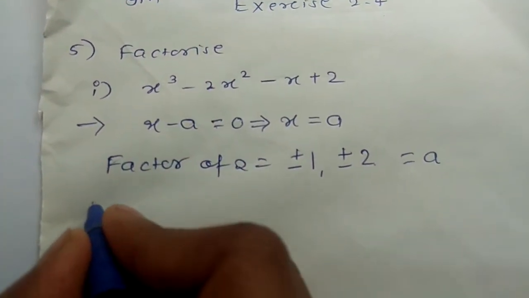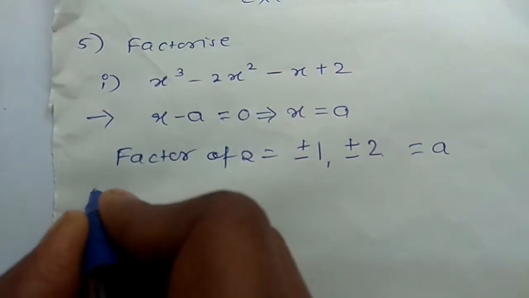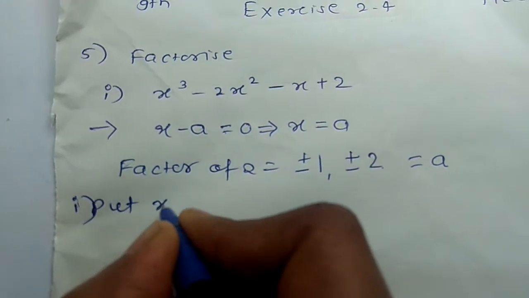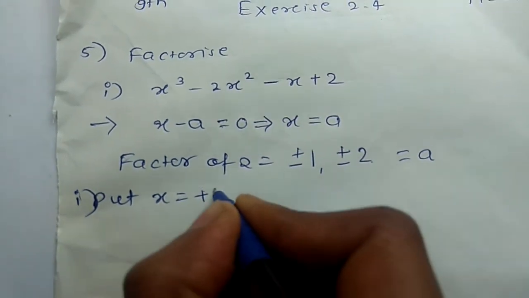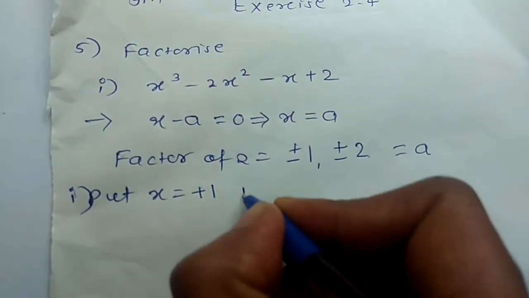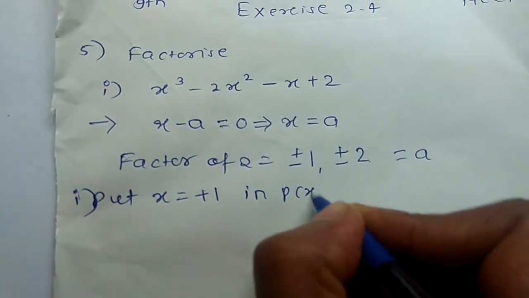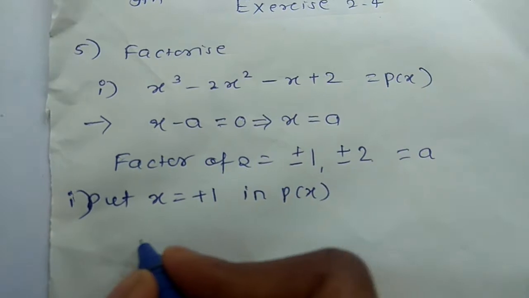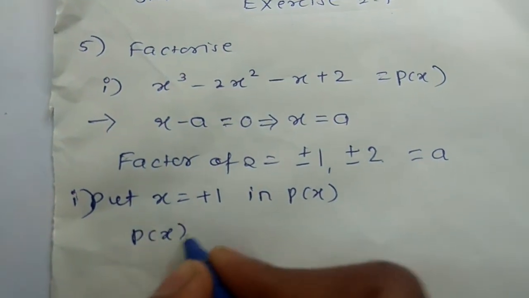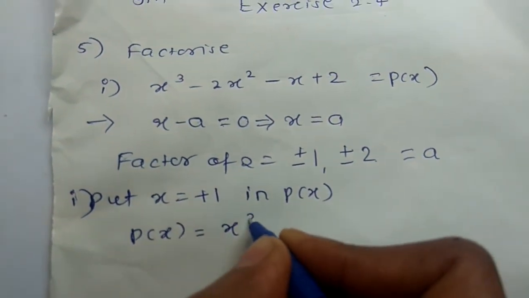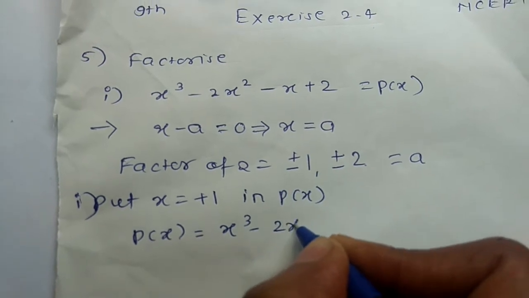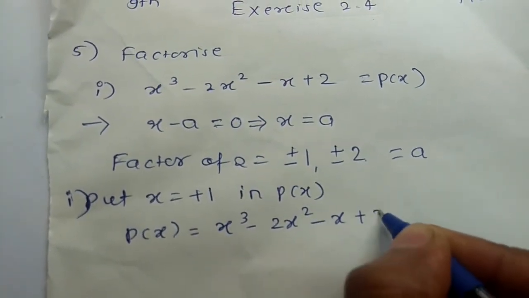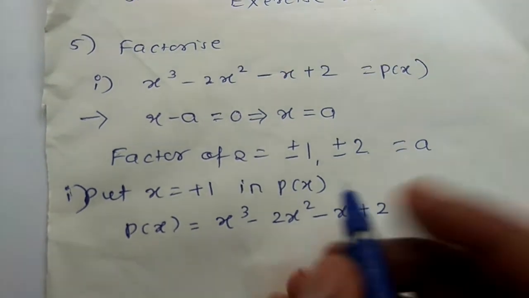So let us start. I'll put x equals plus 1 in p of x. Let us take this as our given polynomial in x. So p of x is x cube minus 2x square minus x plus 2.